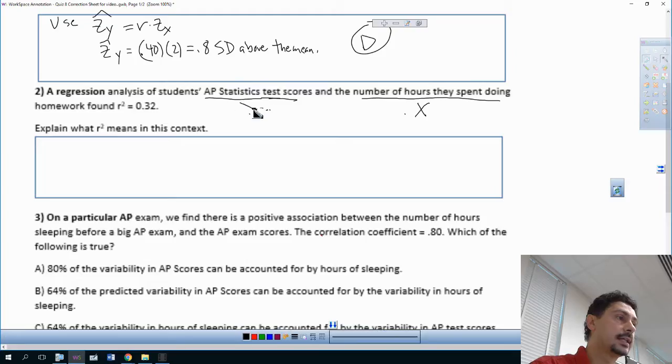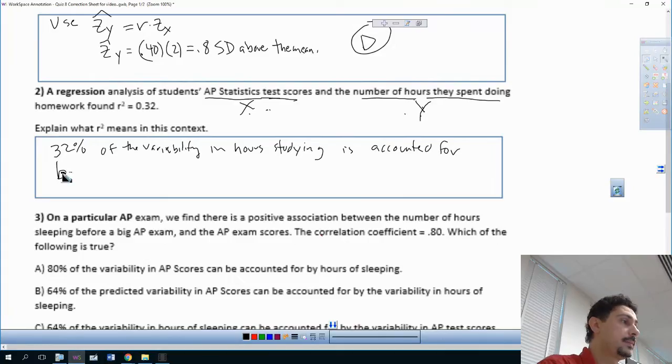So from left is still X, to right is still Y. And therefore, you have to write the statement: 32% of the variability in hours studying is accounted for by the AP statistics test score.